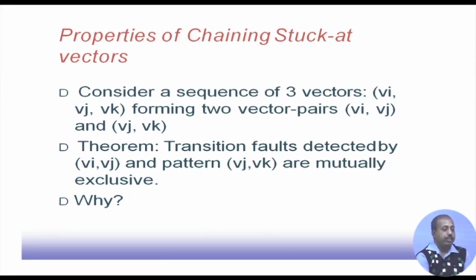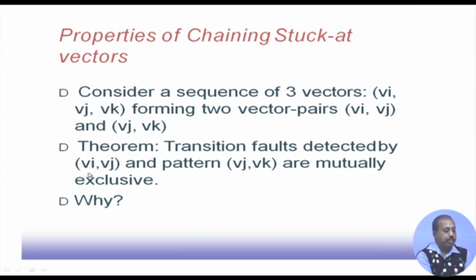Because for Vi, Vj, any slow to rise or slow to fall transition fault, Vj will take it to some value in the first pattern. In the second case, if the second pattern also detects this fault, then the requirement of setting of that particular line by Vj in this and this, they are contradictory.